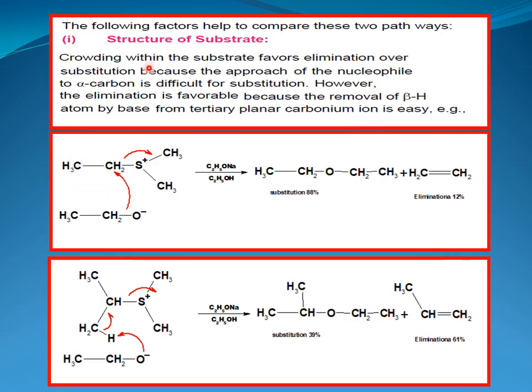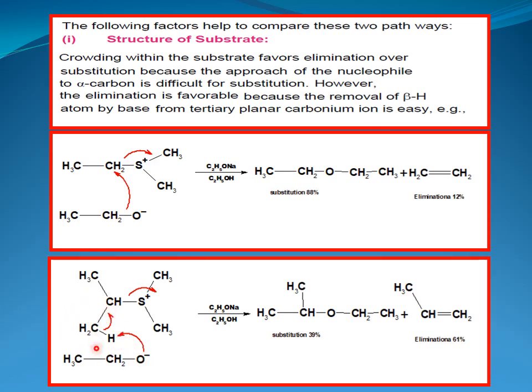Now students, crowding within a substrate is going to favor elimination over substitution because of the approach of the nucleophile to the alpha carbon. Remember, in substitution, this nucleophile was attacking the alpha carbon directly. But because of this crowding, it is going to hinder the reaction between the nucleophile and the carbon atom.